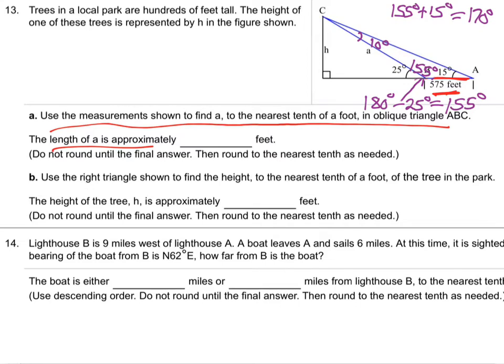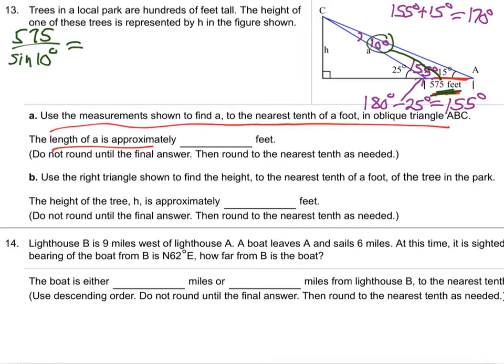So I've got to use the 575 because that's the only side I have. For sure I've got to use that and the angle across from it, which is the 10. So I'll write 575 over the sine of 10 degrees. Got to use those two because I know that side.